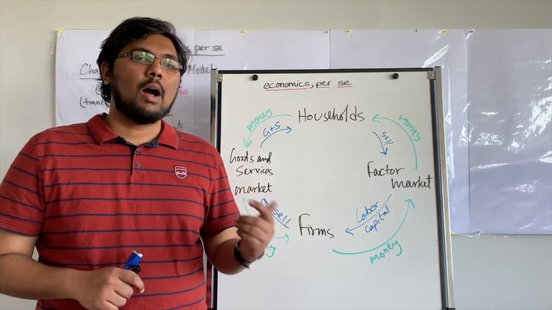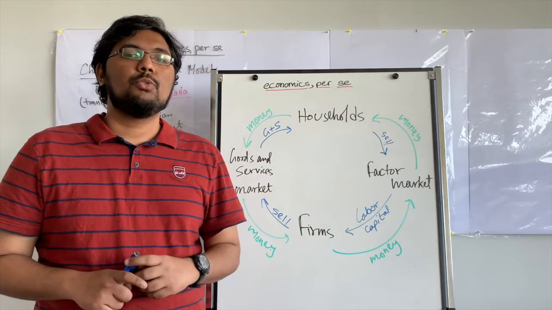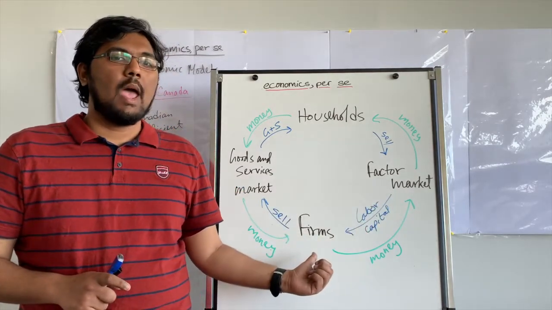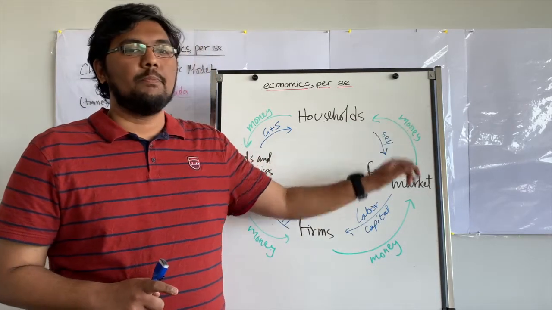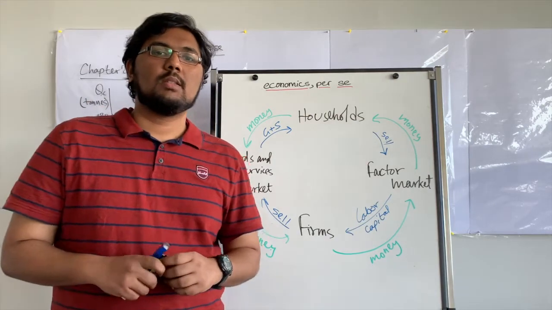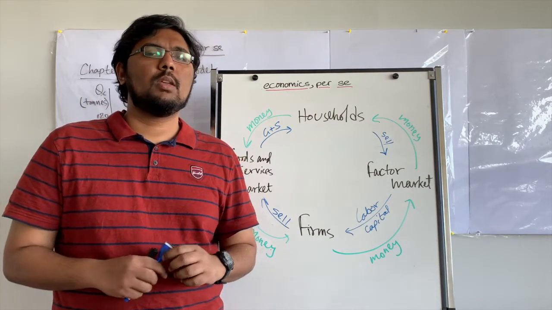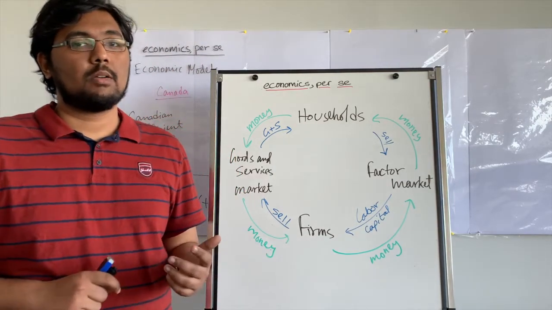So the households are selling their labor and capital through the factor markets to the firms, and in return the firms have to pay them money. So now the question is, what do the firms do with the goods and services they produce using the factors from the factor market?